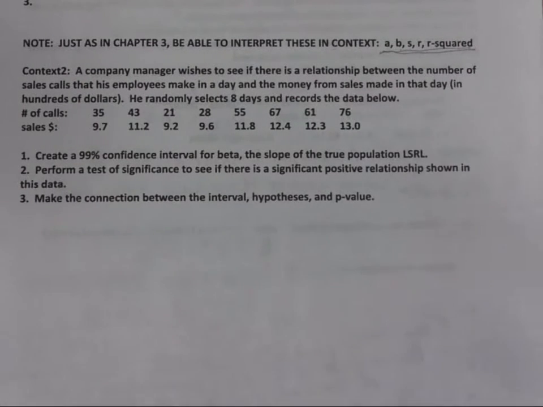So you would do the TAME acronym: the type of inference, linear regression, T-interval. And let me show you the assumptions. Our assumptions are going to spell out an acronym called LINER.